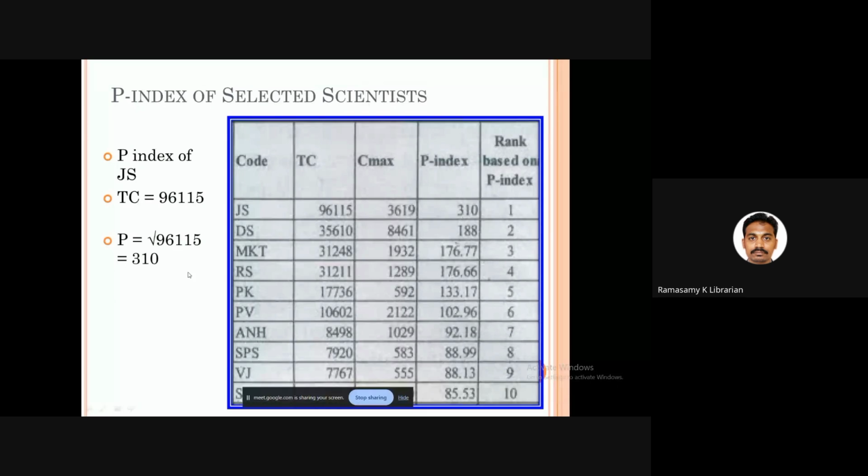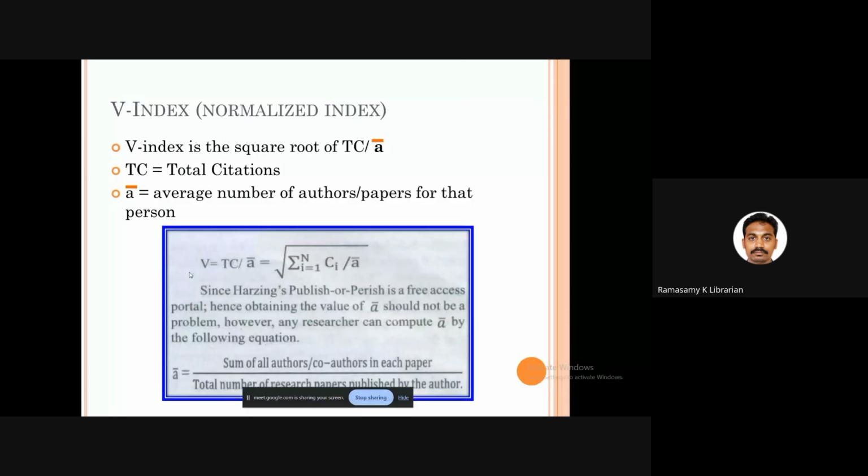Good. Then Prem Virat introduced another research index in the same research paper, called V index. The formula for calculating V index is very simple: total citations divided by the average number of authors for all the papers written by that author. Very, very simple.